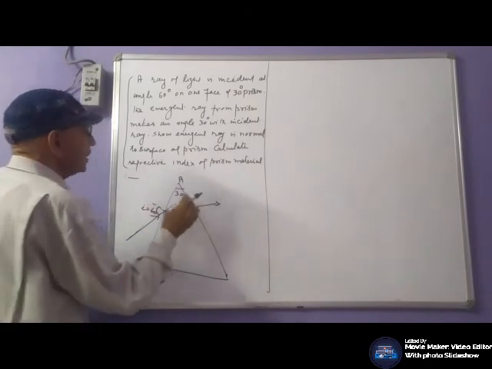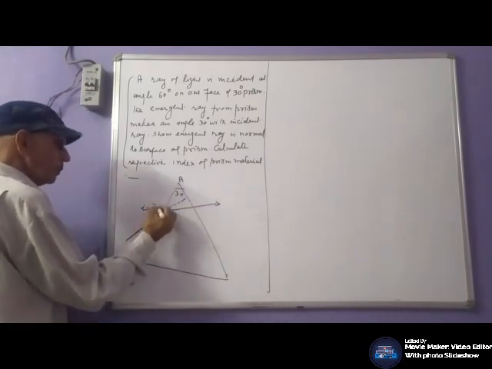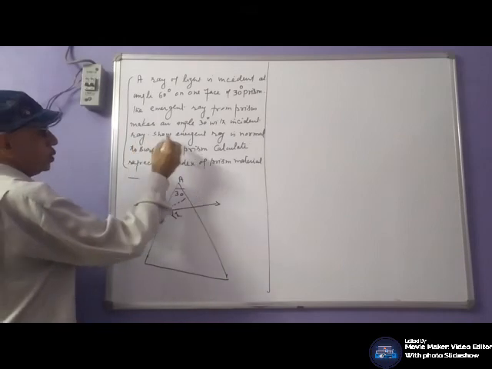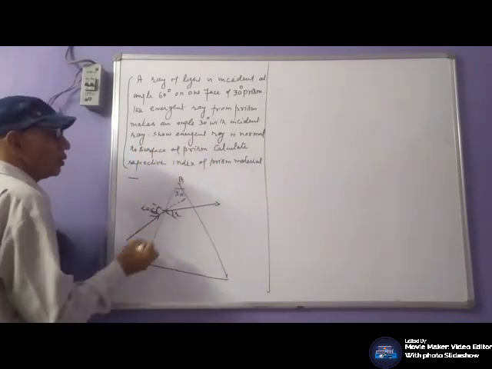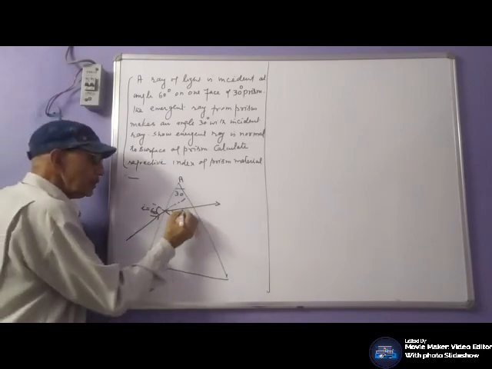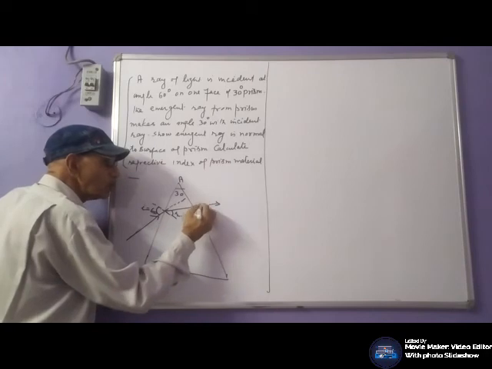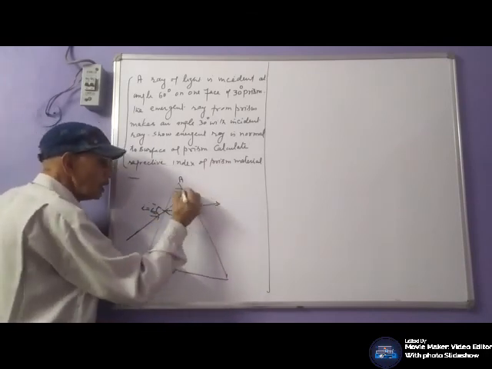This is the emergent ray. Why have I drawn this straight line bent towards normal? This is R. So that the emergent ray is normal to the surface of the prism. If it is incident normal, then it will go out normal.